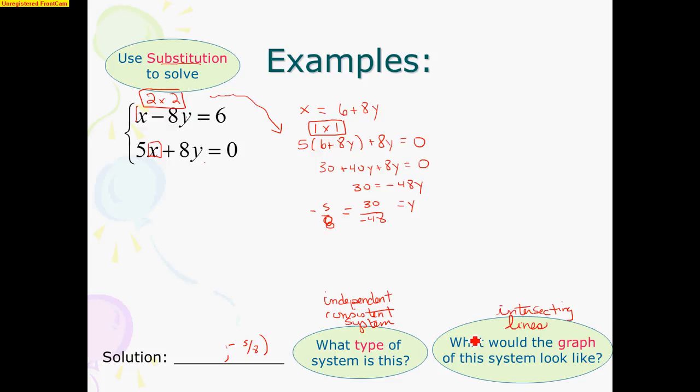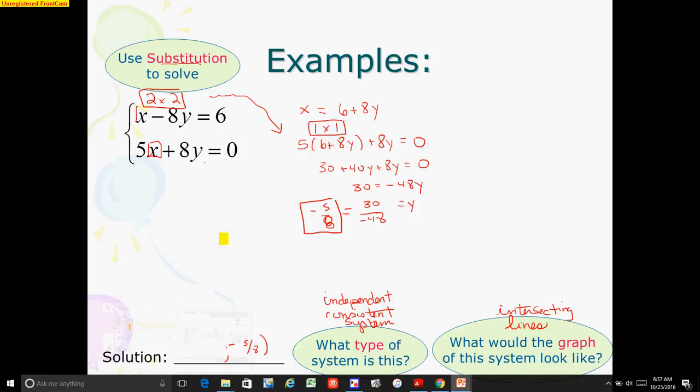I just have to go find the x. I have to go find the x when y is negative 5/8. So, when y is negative 5/8, I can go to this equation, plug in negative 5/8 and solve for x. Or, why wouldn't I go here?